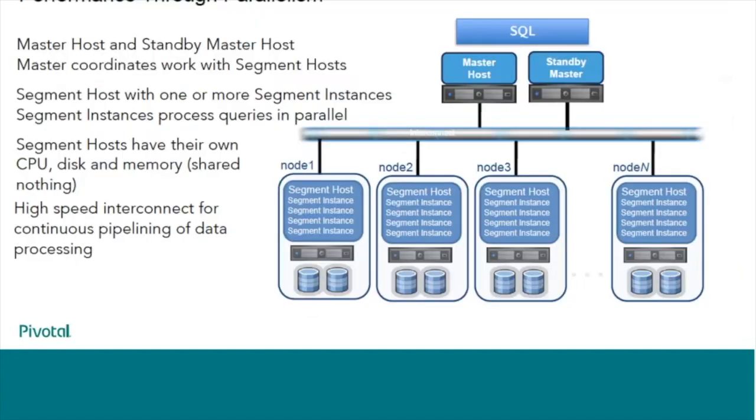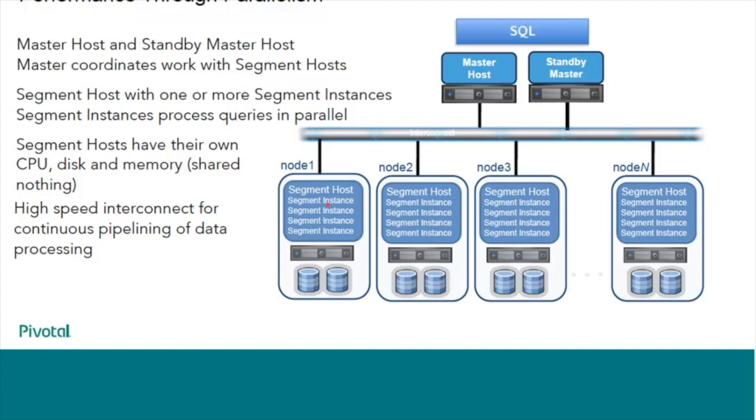If I have to talk about the architecture of the Greenplum database, Greenplum is a massively parallel processing database. In the Greenplum database, the data is divided into shards or many segments. They run on a single host, which we call a segment server, and these segment hosts are nothing but small Linux servers.